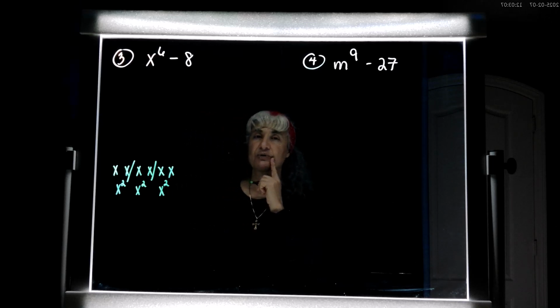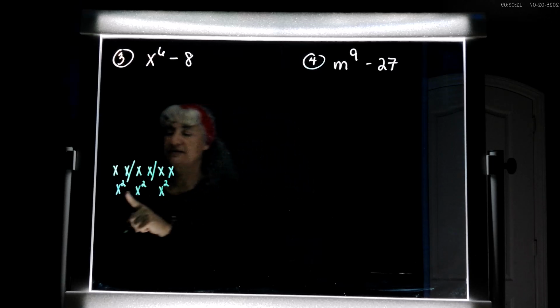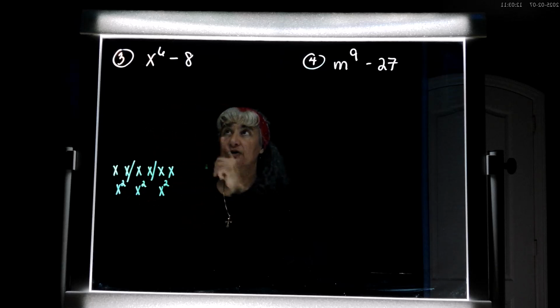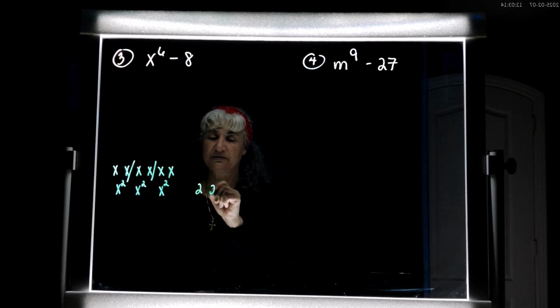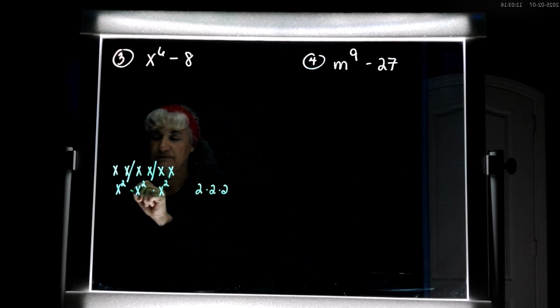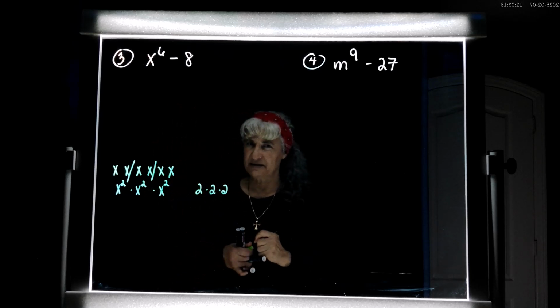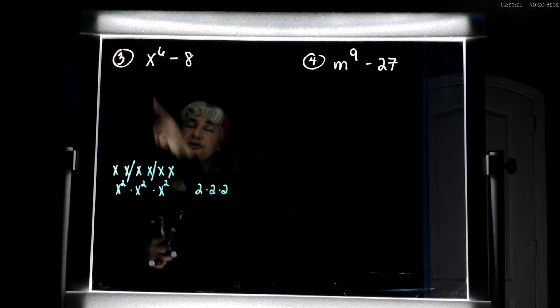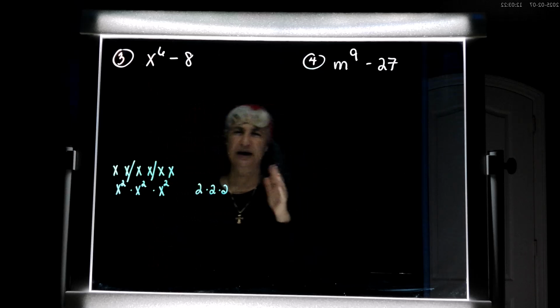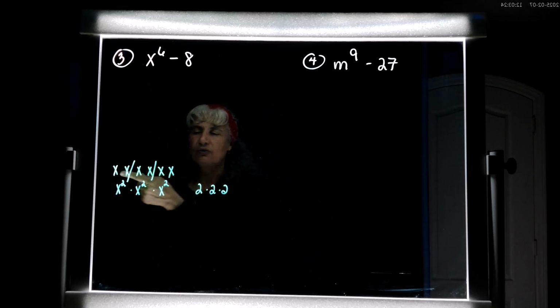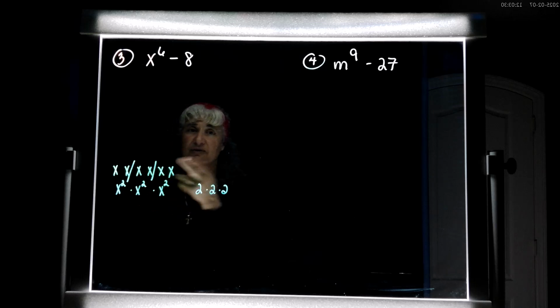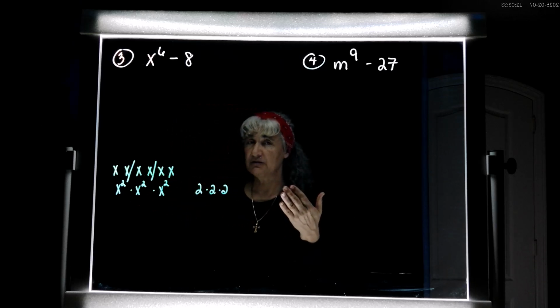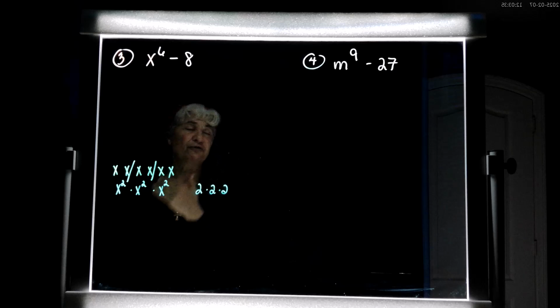So it is a perfect cube. And the cubed root of x to the 6th is x squared, and the cubed root of 8 is 2. Does that make sense? When you have these variables with oddball powers that are not obvious to you, write them out. And if you're thinking it's a perfect cube, divide it into 3 equal groups. Good? All right. Perfect cube.